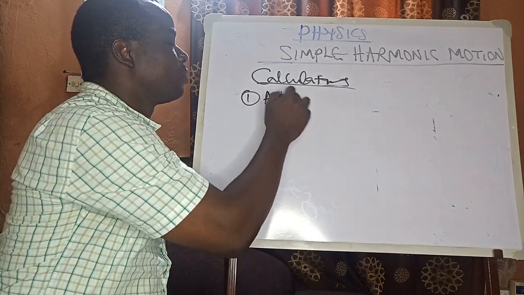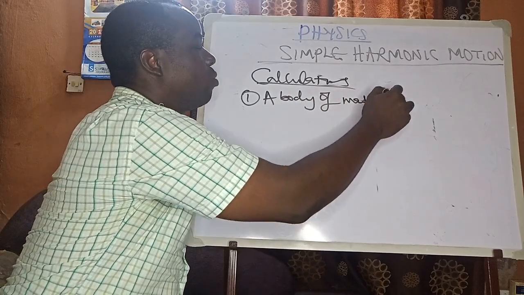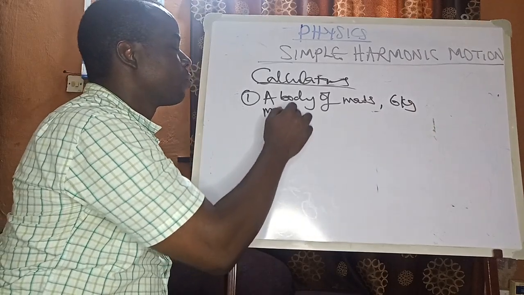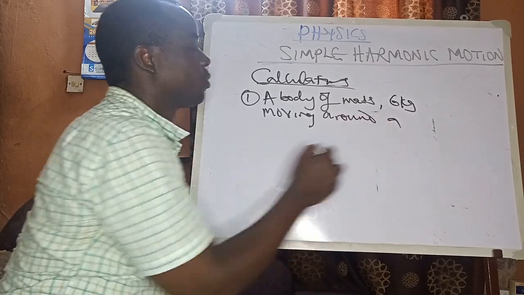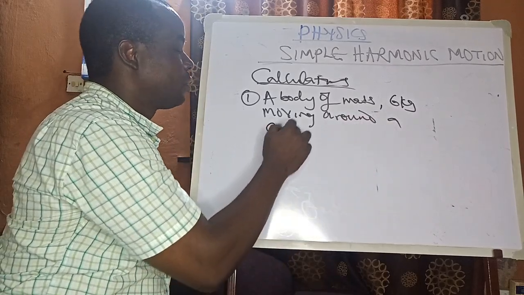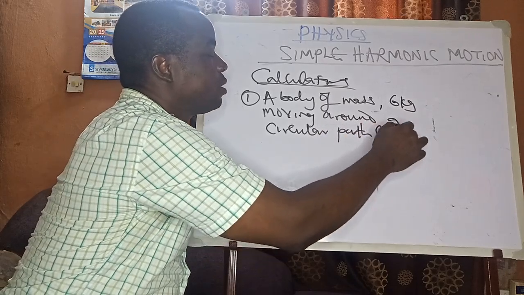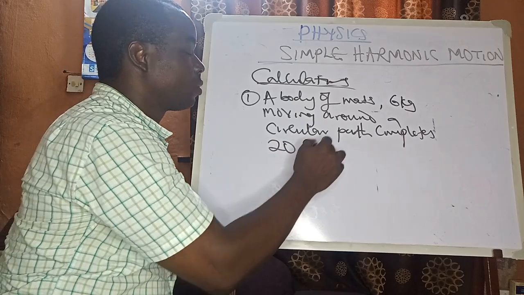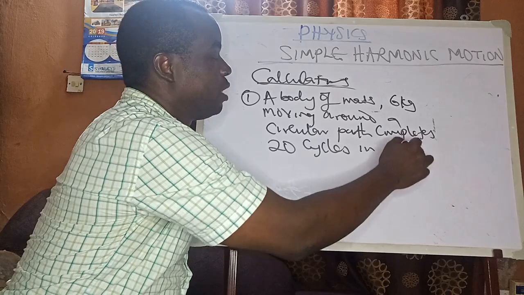A body of mass 6 kg moving around a circular path completes 20 cycles in 10 minutes.